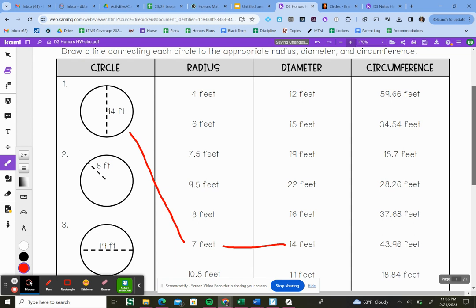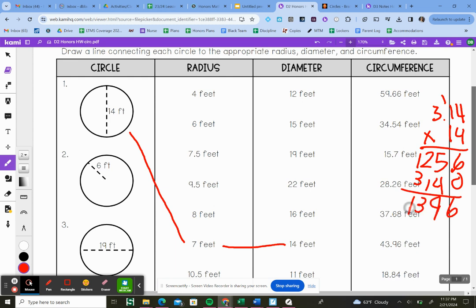And then in order to get the circumference, I am going to do, let me just go off to the side, 3.14 times 14. All right, 43.96, so straight across.